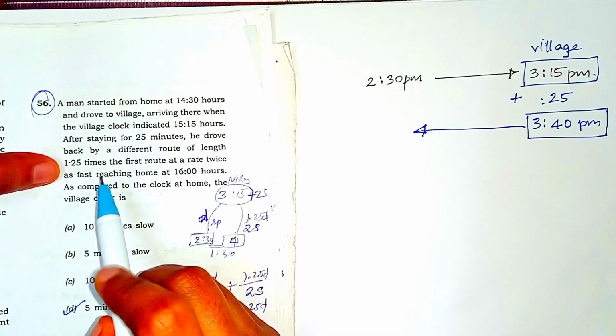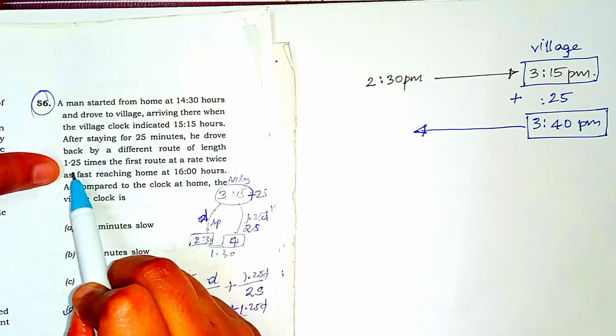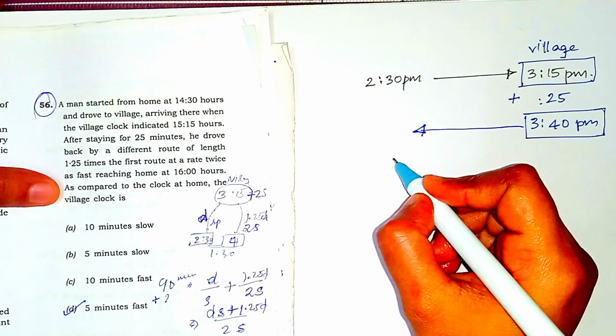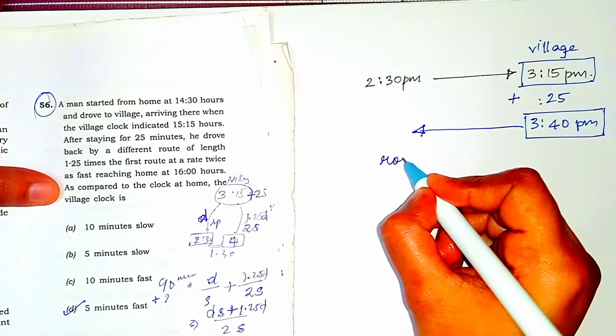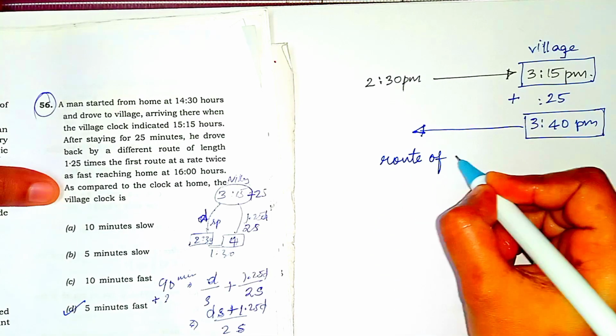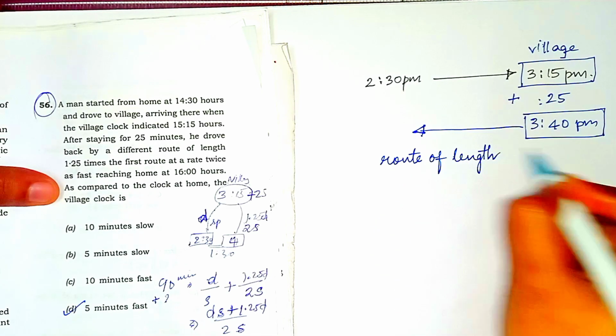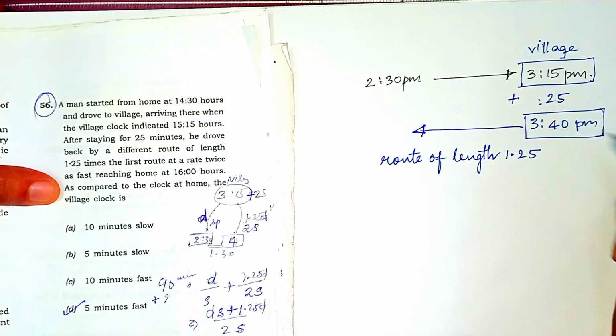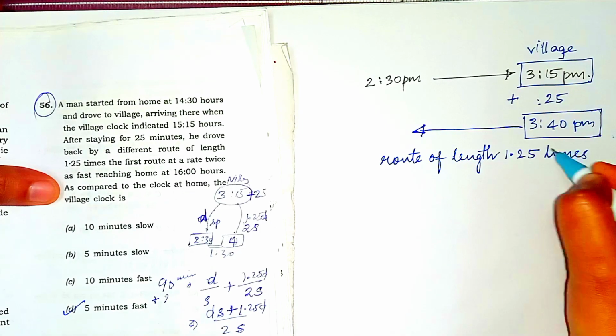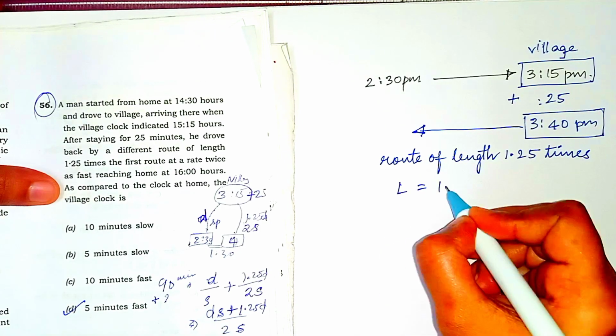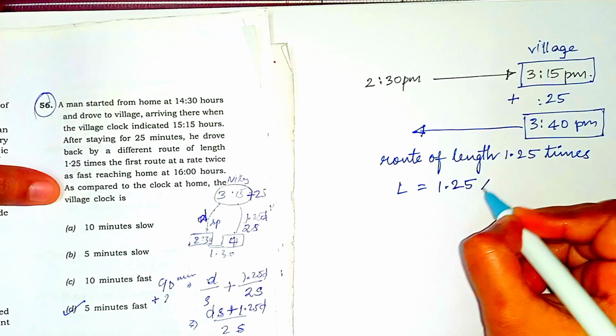Notice it here, they are talking about the length and not the time. Route of length 1.25 times.